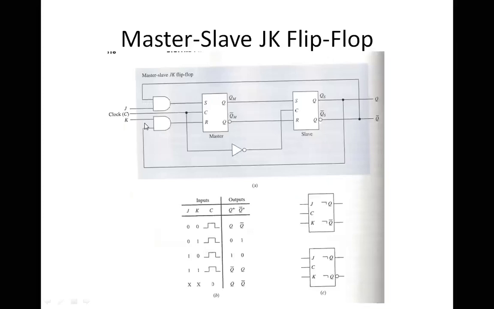Whenever I get a 0 here, what is going to happen to my master? It is going to be reset, isn't it? Yes, sir. So my QM is 0, but this 0 will not pass here immediately. It will wait for the next cycle.